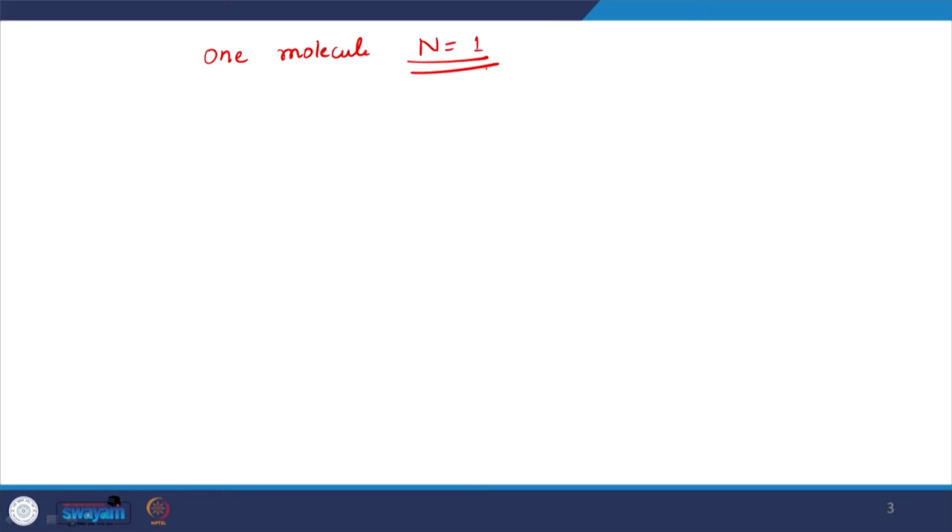That is clearly not a thermodynamic system, and let us say this molecule is moving in only one dimension along a line, right. For the sake of hypothesis, we assume that it is moving along a line, and it can go left or to the right, right.